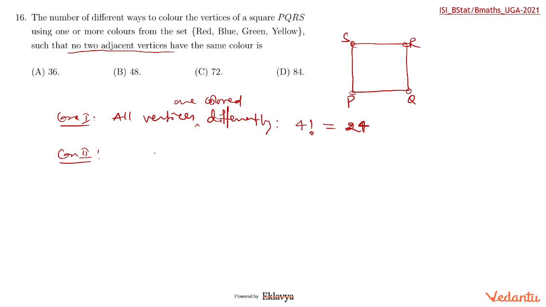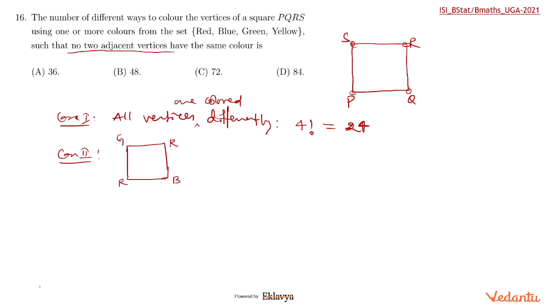And there would be one more possibility, I think: all different, 2 same, and 2 pairs of same color at opposite vertices. Like suppose I'm saying that here there is red, and here we have made blue and green.